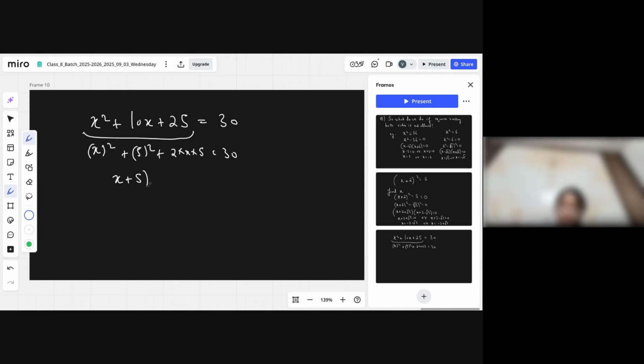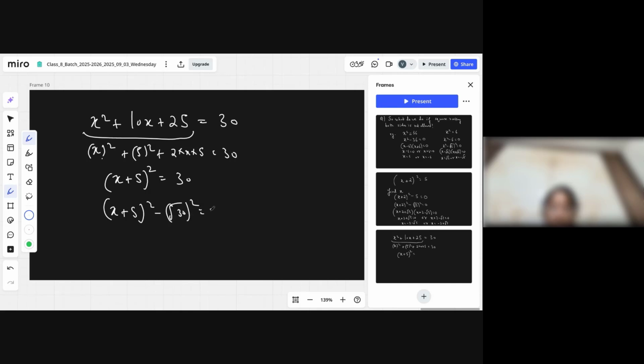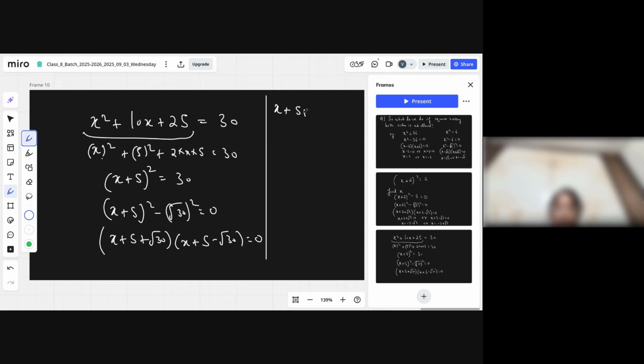So what do we get? a square plus b square plus 2ab, which is x plus 5 whole square. Now bring it to the right side.